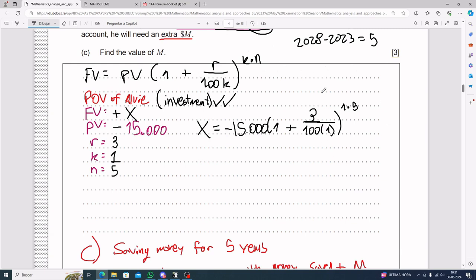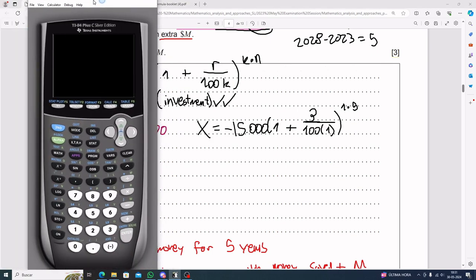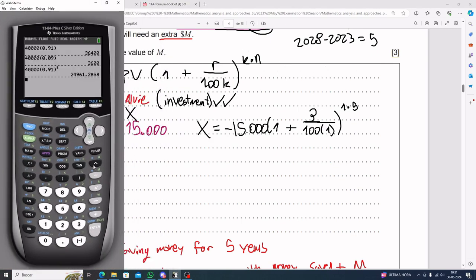I'm just going to leave it like this. I could simplify it a little bit, but honestly, you can just plug all of this into your calculator and go with the flow. So you can do negative 15,000 times 1 plus 3 divided by 100, and all of this to the power of 1 times 5.